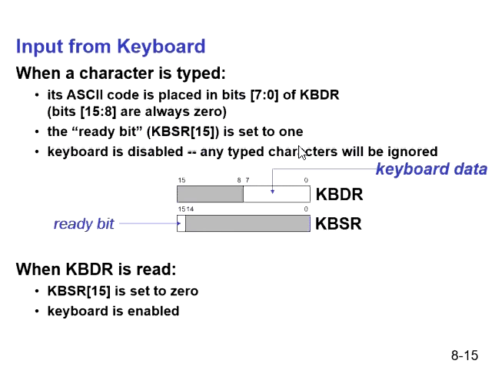But when it is read, KBSR[15] is set to 0 and we can enter another character. That means we can press another key to enter an ASCII character into our KBDR.